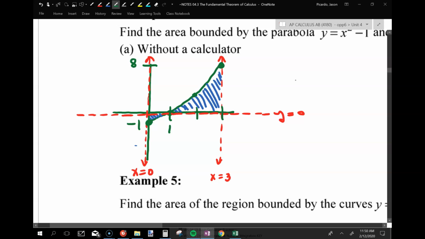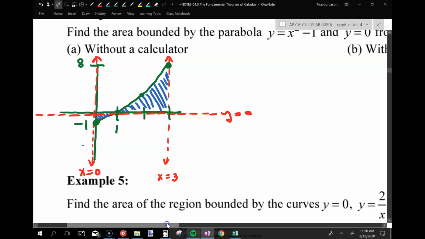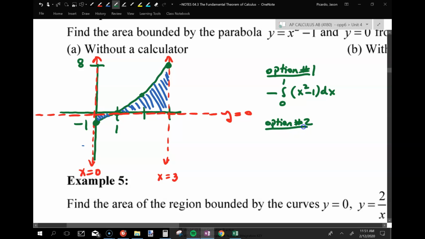So I have two options. Option 1: I can say I want the negative of the integral from 0 to 1. Option 2 is to do what?